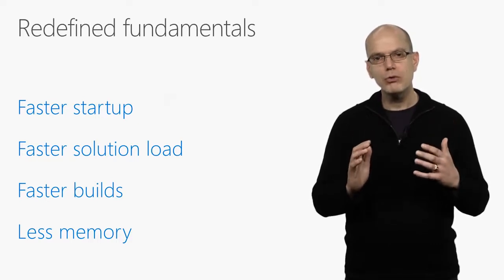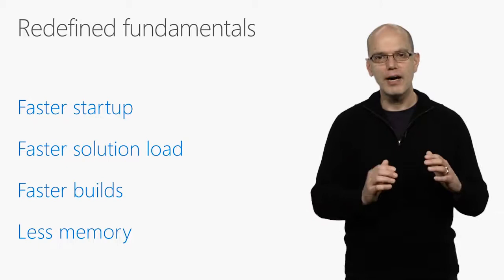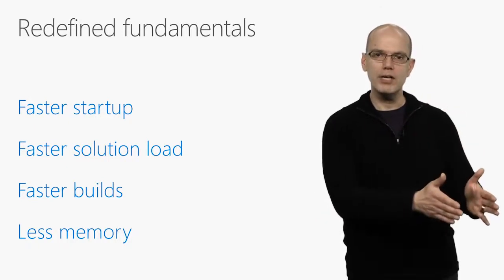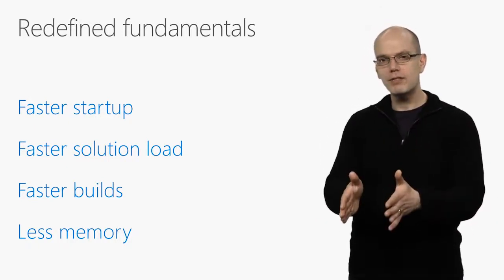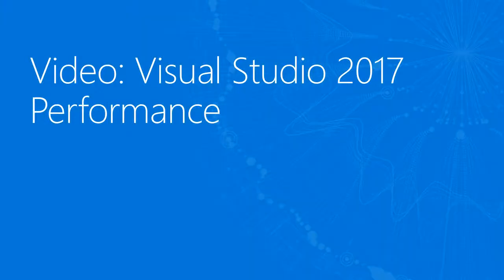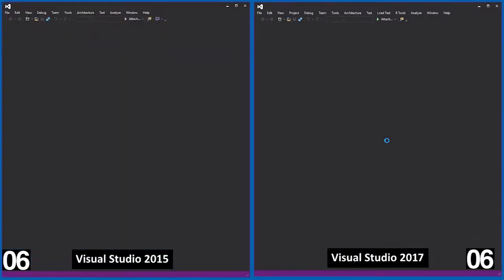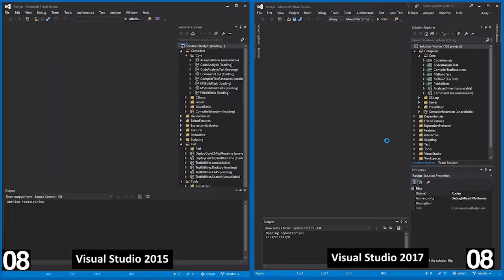But the easiest way to show some of these improvements is to load a really big solution side by side in Visual Studio 2015 Update 3 and in Visual Studio 2017, and see how long until Visual Studio becomes responsive. Here we have VS 2015 and 2017 loading the .NET compiler platform, which has over 130 projects and nearly 4 million lines of code, and then doing a Navigate to operation.